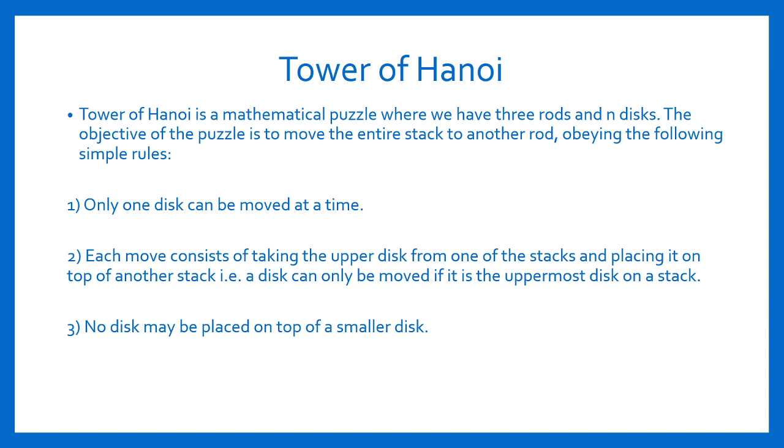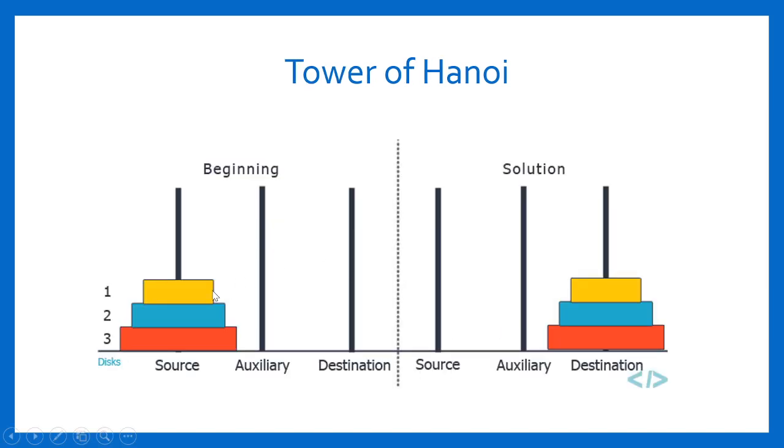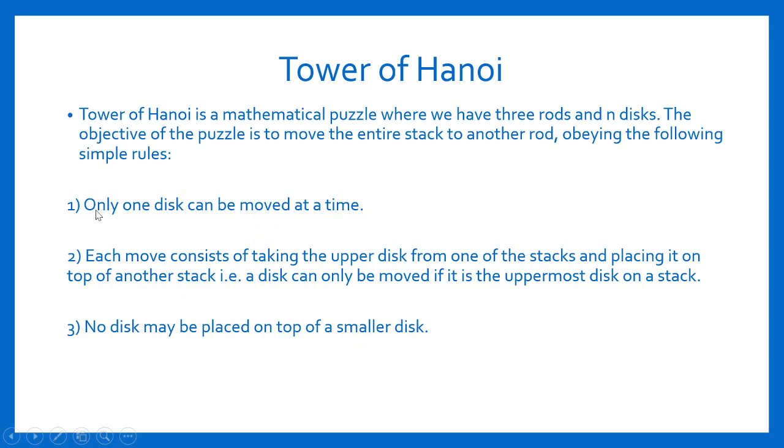So the objective is to carry these discs from the source rod to the destination rod using any of the transitions which we want to do. But there is a catch in this, that we have to follow some simple rules. First, only one disk can be moved at a time.